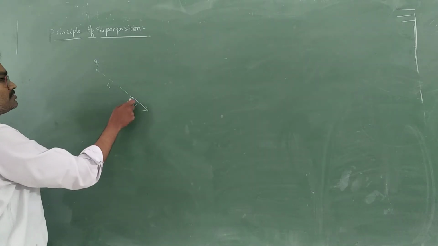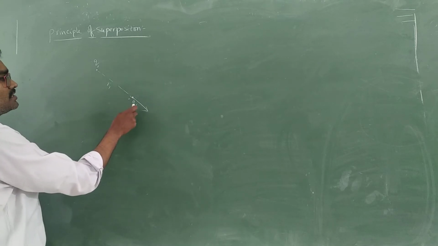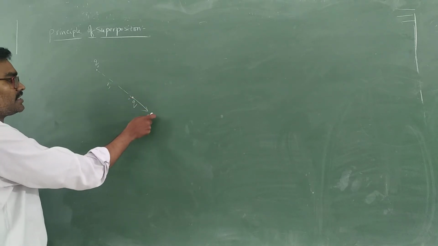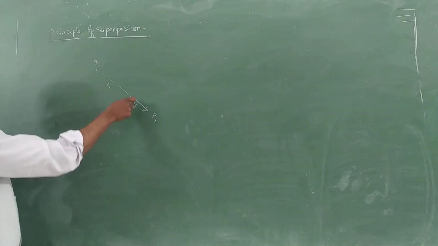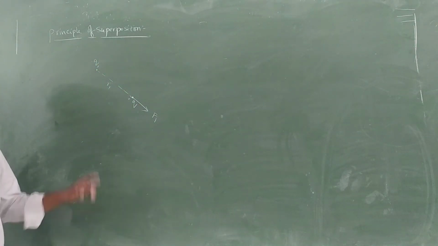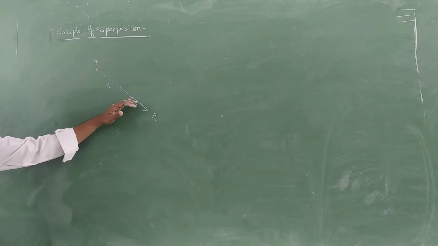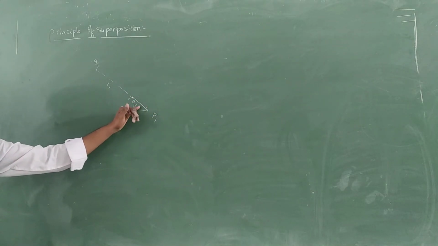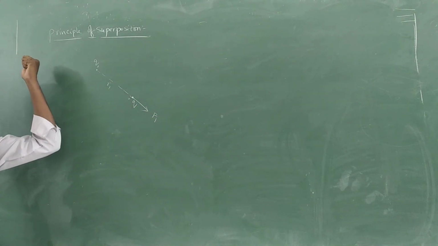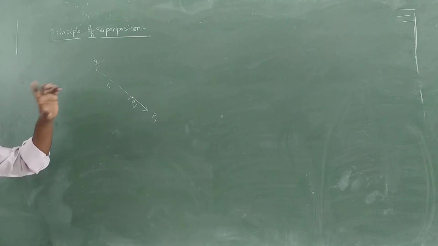If both are positive charges, it will push it in this direction. The force will be F1 along the line joining the charges. If this is a positive charge, it will be pushed out. If that is a negative charge, it will be pulled towards. That is the direction you have to show.